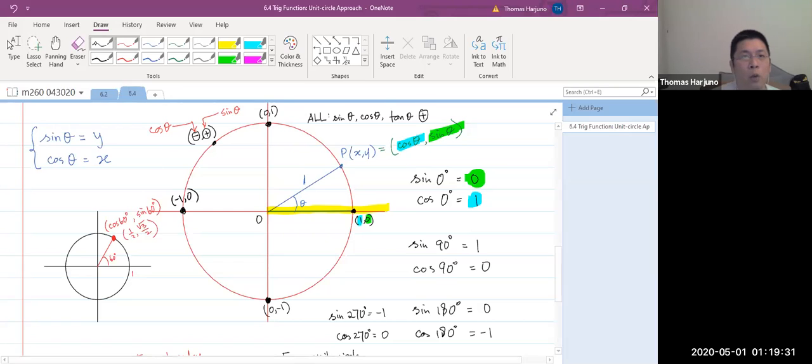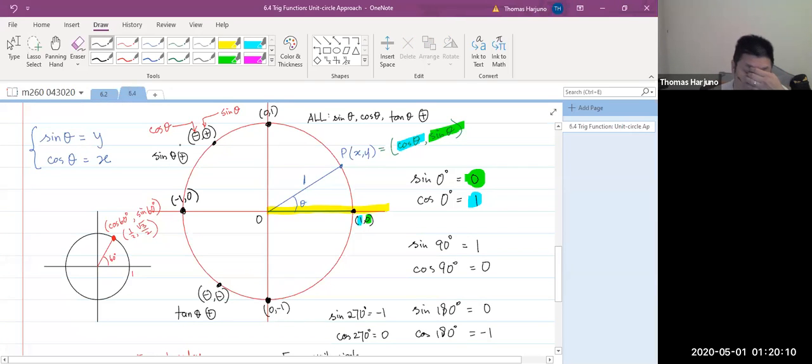So in quadrant 2, only sine is positive. In quadrant 3, both the x and the y are negative. Therefore, both sine and cosine are negative. And therefore, the quotient tangent is the one that is positive.